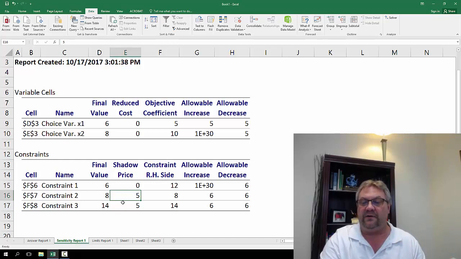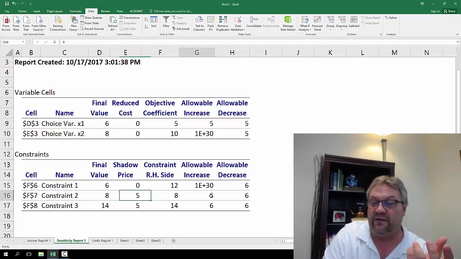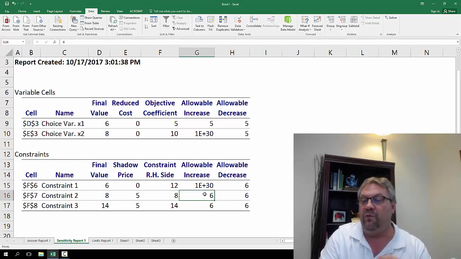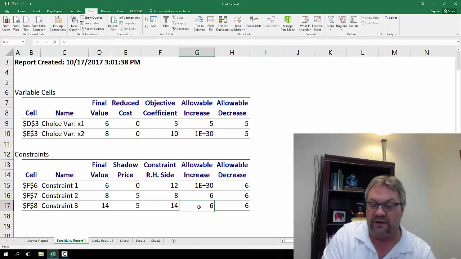So the idea here is these shadow prices are the maximum amount a firm would want to spend on a constraint, right? And this is telling me that for a shadow price of 5, I would only want to buy 6 more units of constraint 2. And for a shadow price of 5, I would only want to buy 6 more units of constraint 3.